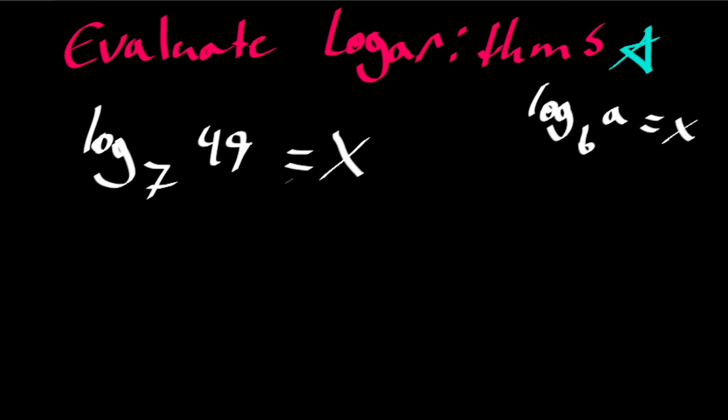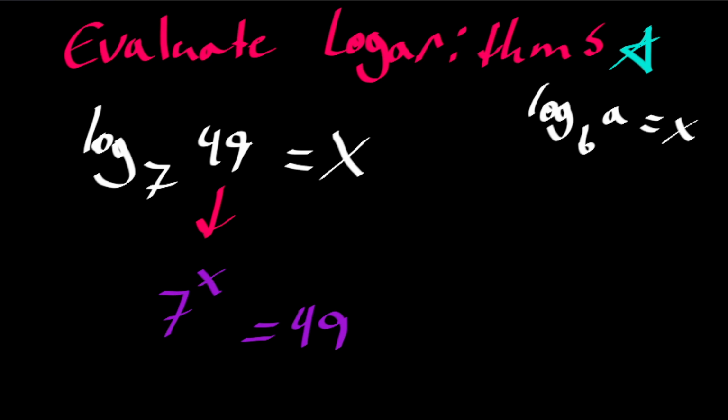When you're trying to evaluate a logarithm, essentially what you're doing is rewriting it in exponential form. You could do it in your head if you want, but if you were to plug this into the calculator, here's what the calculator's doing. It does it a lot faster than humans, but it's going to say, okay, 7 to the x power equals 49, because that would be rewriting this in exponential form.